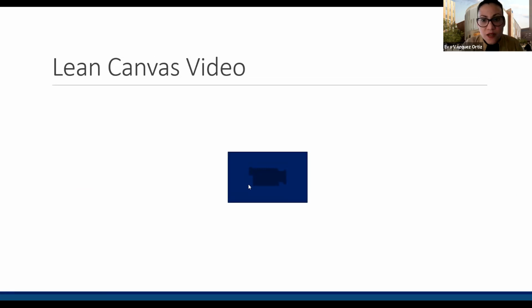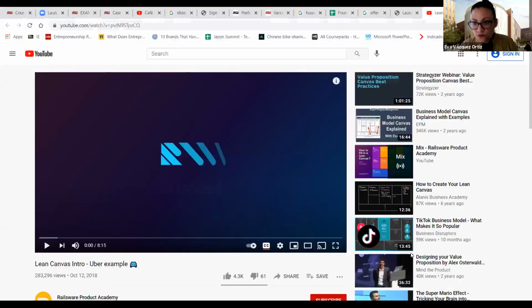Yes, I need to change my screen. Hold on. Bear with me. Okay, hopefully everybody will be able to see it. This is an 8-minute video. We will provide a link to this video in your module.